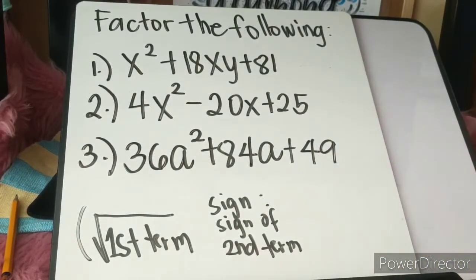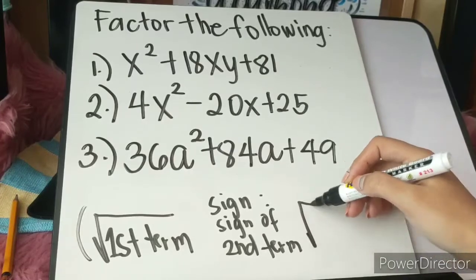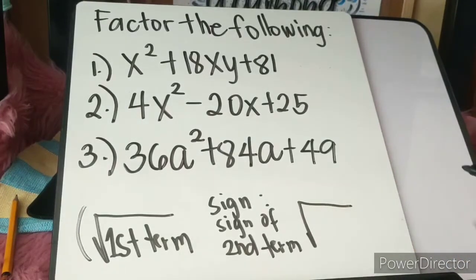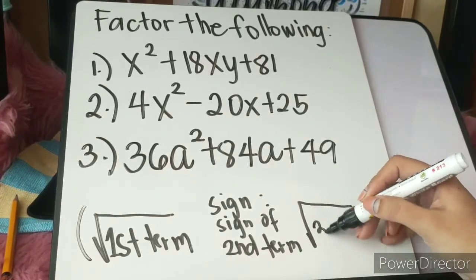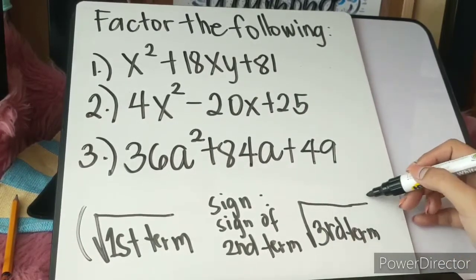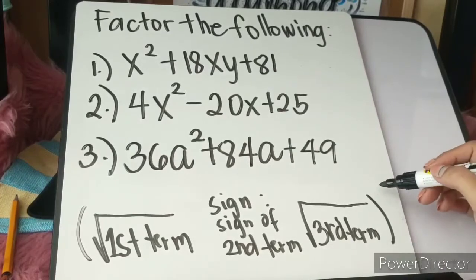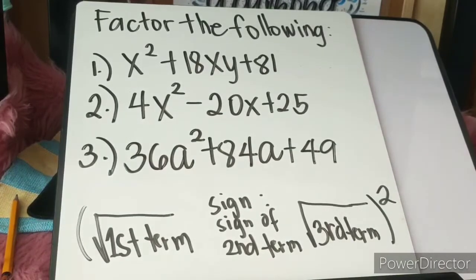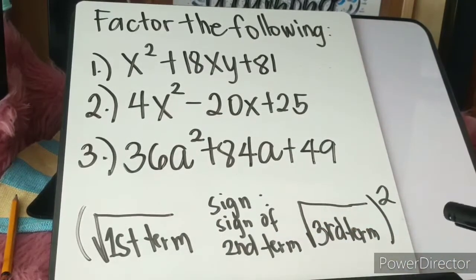And then, yung nasa pangalawa po ay yung second term natin sa factor natin ay ang square root naman ng third term. And then, para mas madali, lagyan natin ng squared. Kung hindi man, pwede namang dalawang ganyan kung ayaw mag-squared.